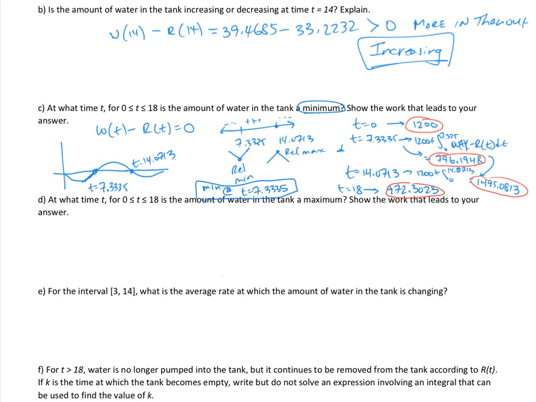Okay, so for part D, it's the same thing. This time we're looking for the maximum, and we see that the maximum occurs right here at t equals 14.0713.